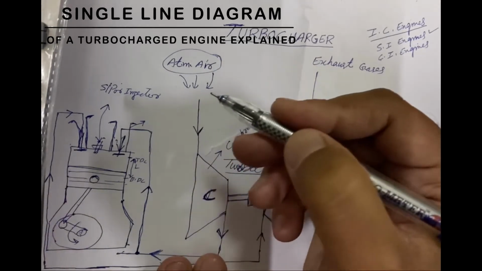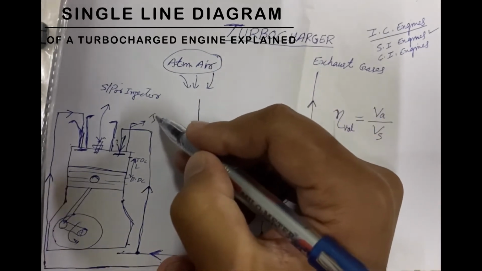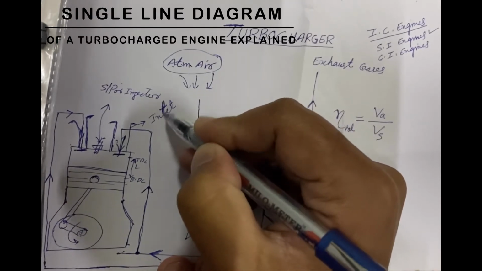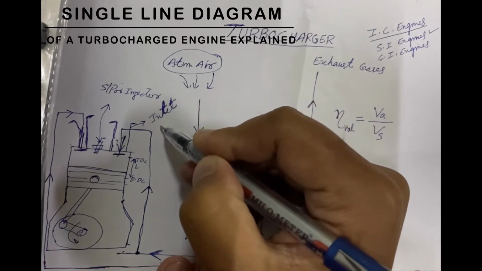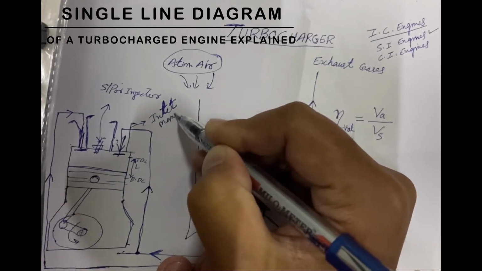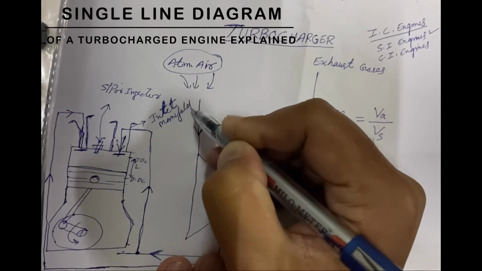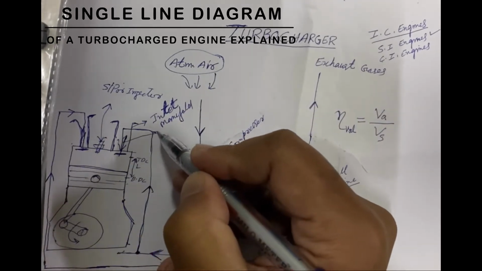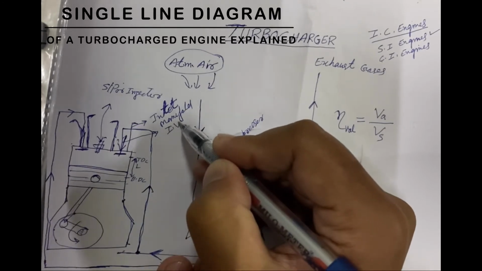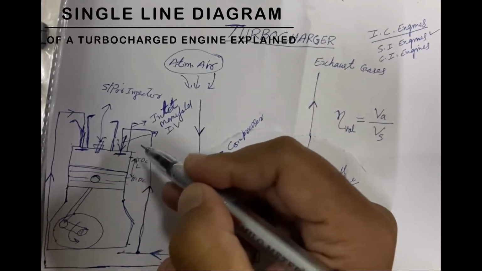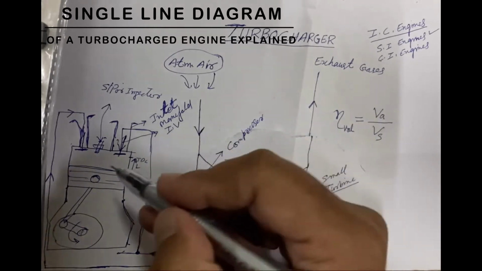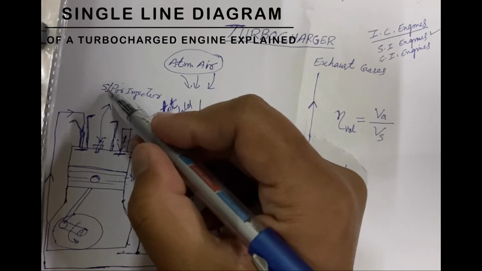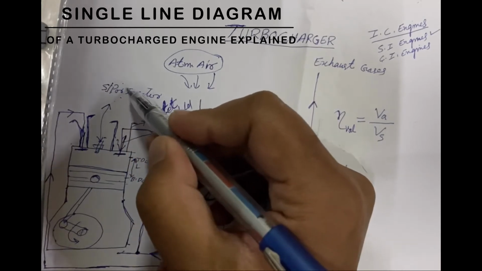This is inlet manifold, and it has its inlet valve. It has a spark plug, SP denotes spark plug, or it may be an injector.